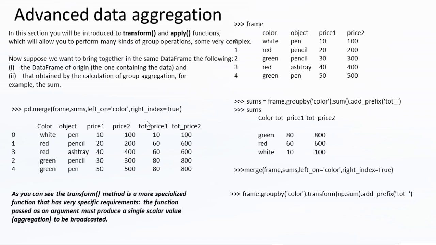I can merge my original data frame with the calculations which are done after grouping. So the pd.merge function has been used here. Frame will give this part, sums, because sums I've already done here, that is giving this part.